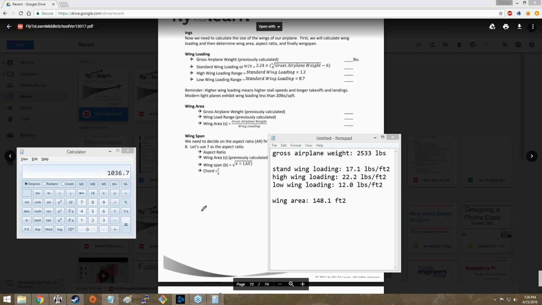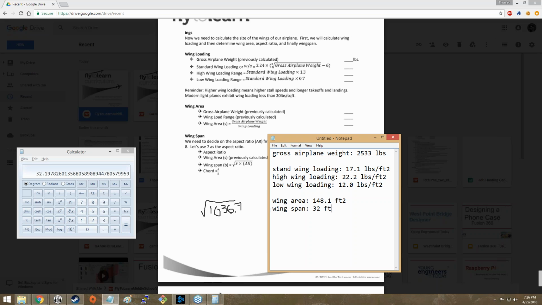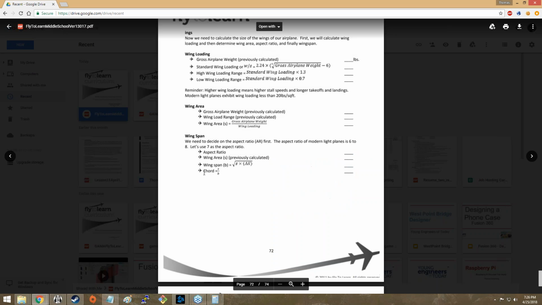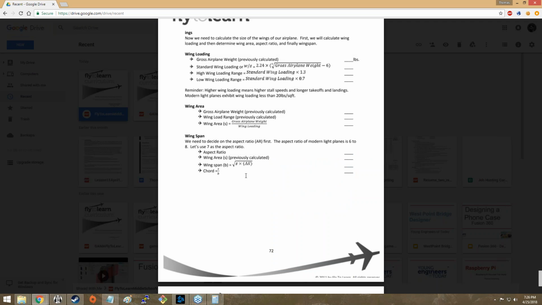So we've got the square root of 1036.7. Let's take the square root of that. So our wingspan is going to be 32 feet. So again, all we were given was how much this plane has to carry, and we've got a wingspan.